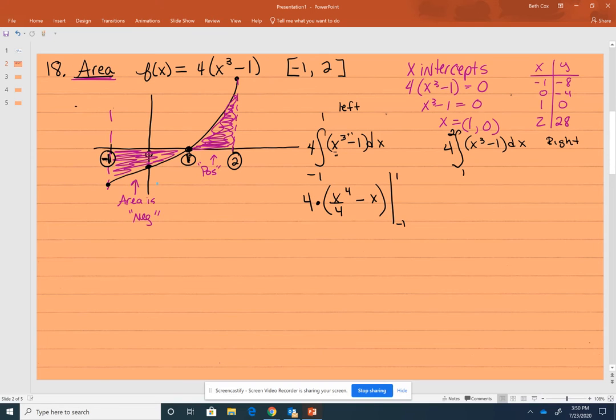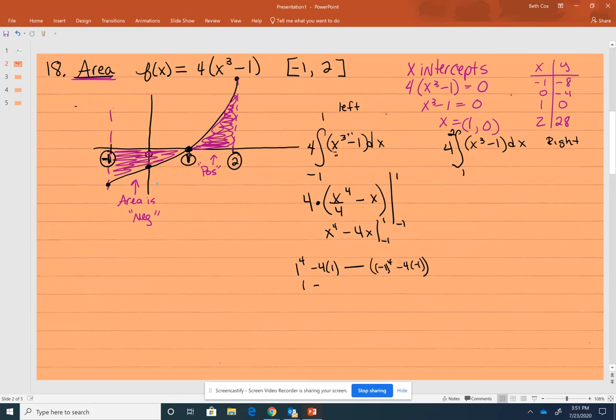When I distribute the 4 inside, I'm just going to be left with x to the 4 minus 4x. And again, I'm going to evaluate from -1 to 1. All right, so if I plug in 1, I'm going to get 1 to the 4th minus 4 times 1, my big minus, and I'll do -1 to the 4th minus 4 times -1.